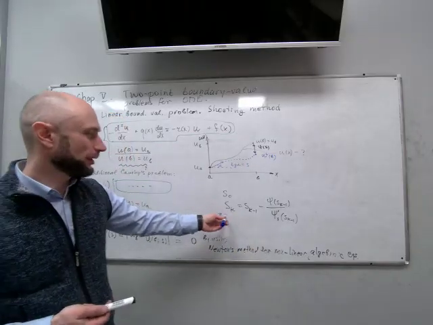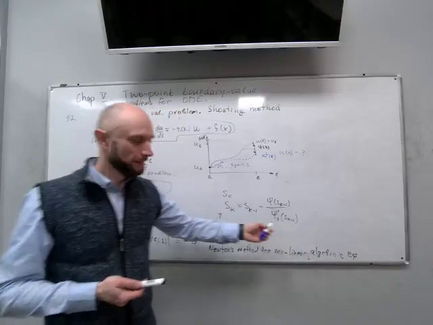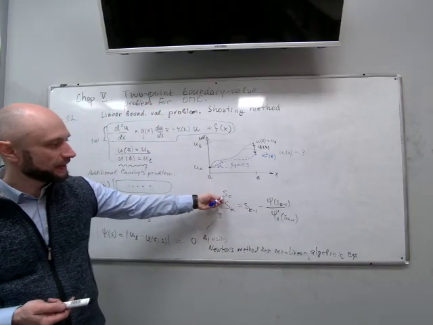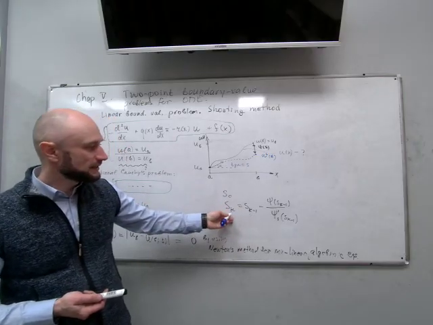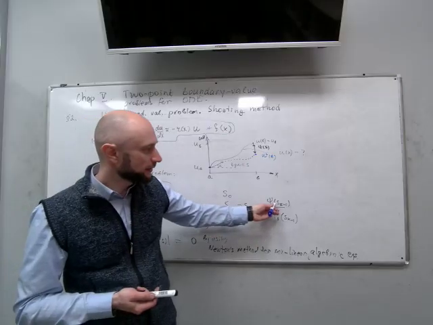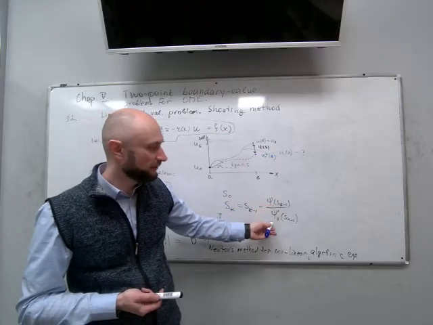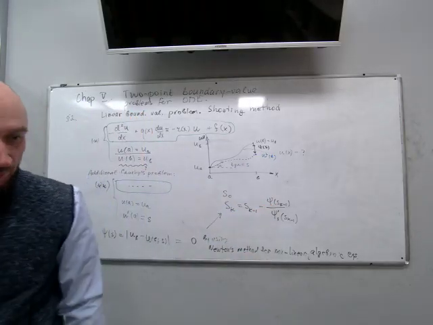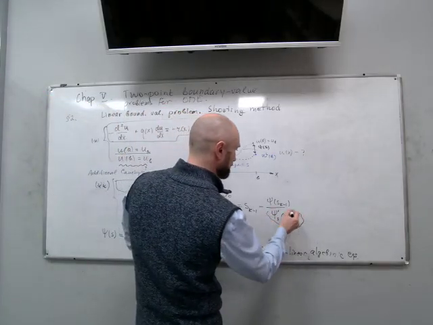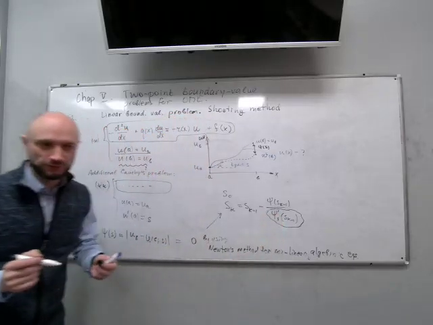Newton's iteration procedure is written here. It depends on the zeroth value of s, and it defines the next value in terms of this previous value and the value of the function psi divided by its derivative by s. So the tricky part, as I said, is to compute this derivative.